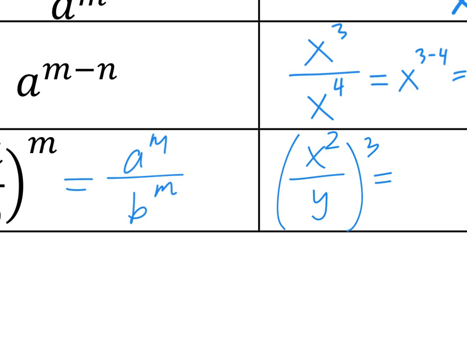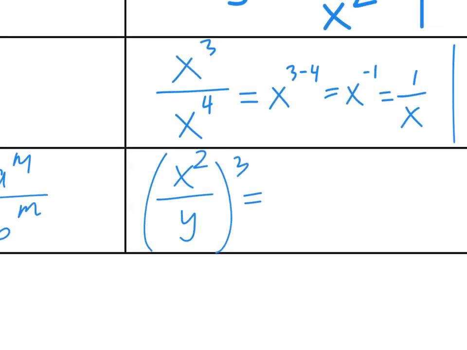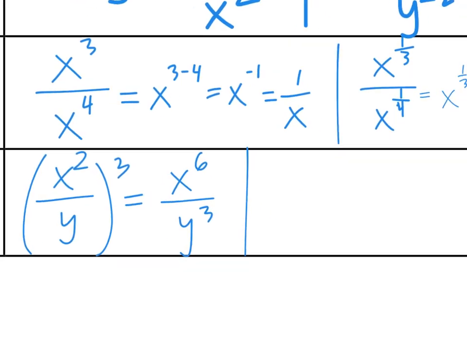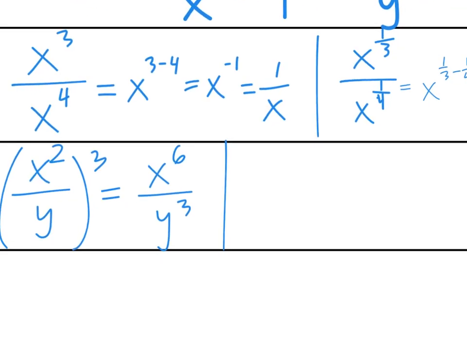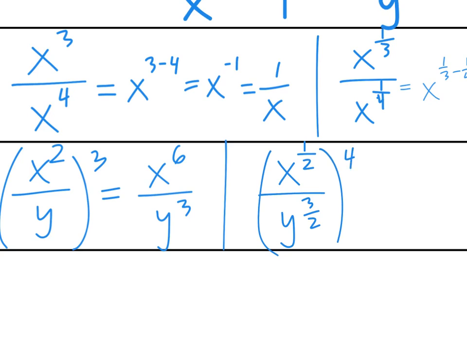Write down what you think the answer is. All right, CJ, you have the answer? I got x to the 6 over y to the 3. Yes. Good. Now let's do fractions again. X to the 1/2 over y to the 3/2, all to the 4th.